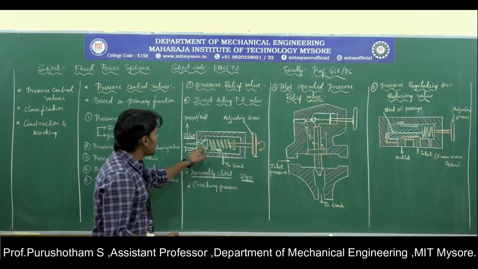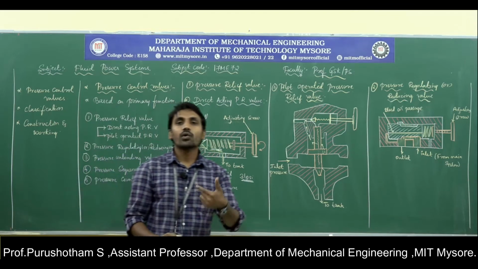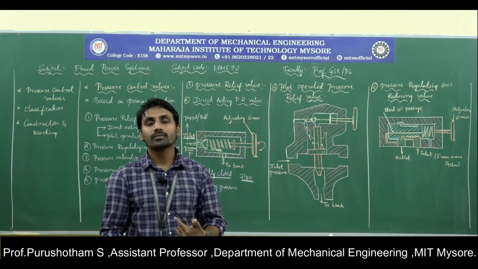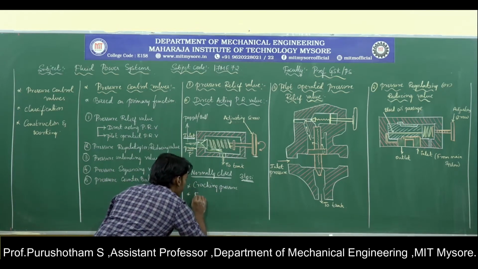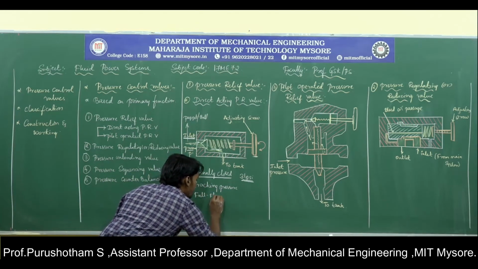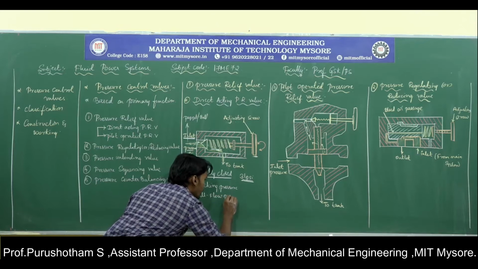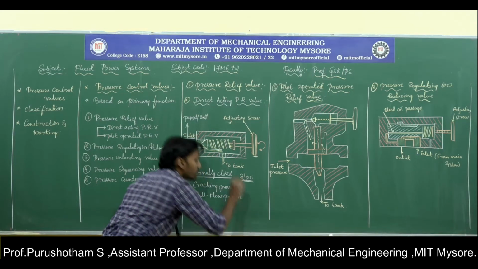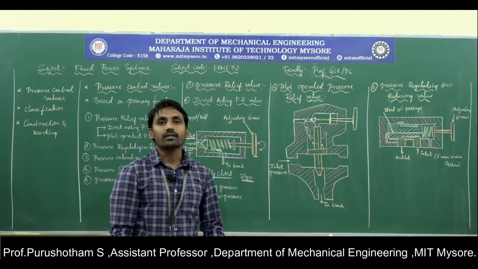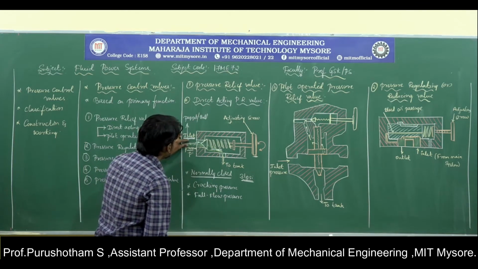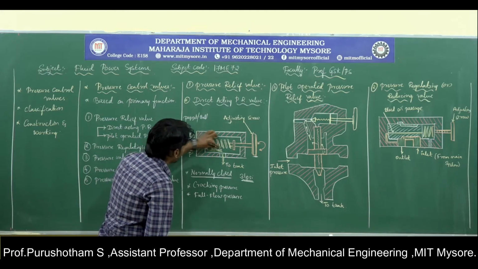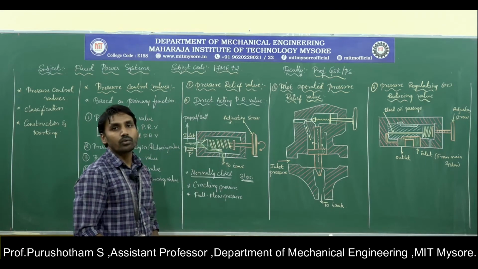The pressure at which the valve fully opens is called the full flow pressure. That means the valve is completely open, so whatever fluid comes from the inlet enters the tank through this outlet port.